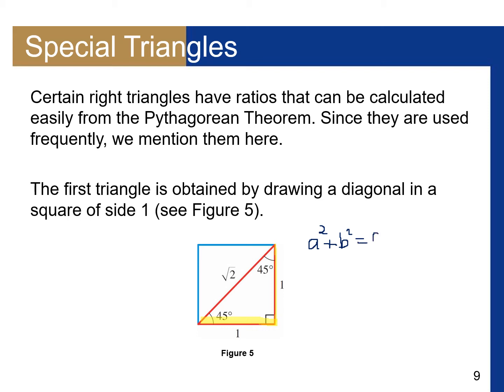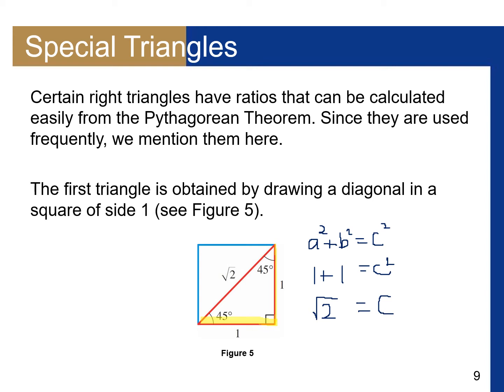So if we know that the legs are 1, we're going to have 1 squared, which is 1, plus 1 squared, which is 1, and then we're solving for, oh, I forgot to put the squared up here, c squared. So I'm going to add those two together, obviously get 2, take the square root of both sides, and that's how I know that my relationship is the square root of 2.